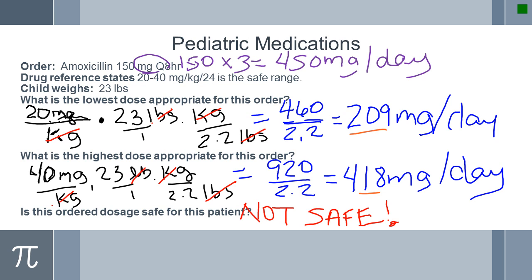Now I could turn that around and take the 209 and the 418 and divide those by 3 and get those every 8 hours. However you want to do that, it's still going to end up the same. So our order says 450 milligrams a day. Our low is 209 milligrams a day. Our high is 418 milligrams a day.